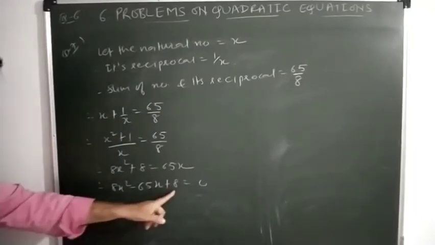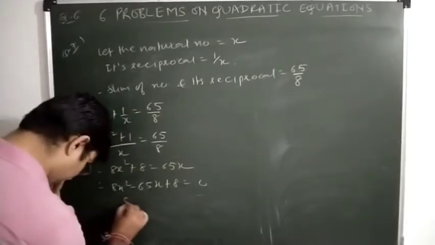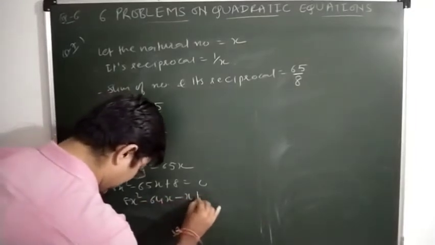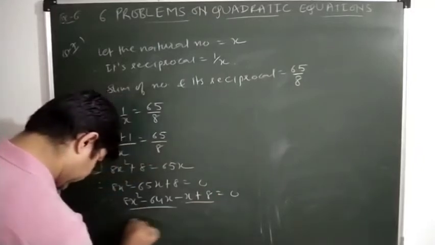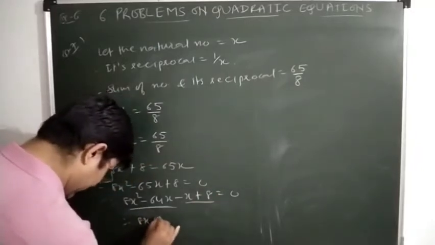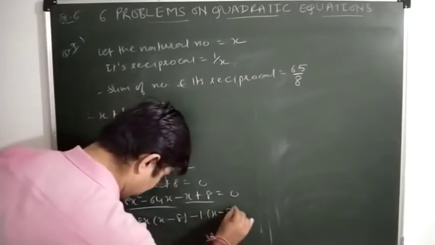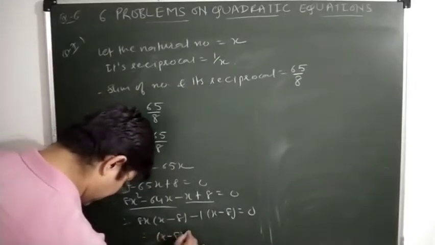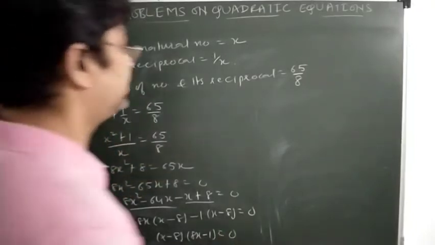8 8s are 64. Two factors of 64 whose sum is 65. So 64 1s are 64, we can write. So 8x square minus 64x minus x plus 8. 8x common, x minus 8, minus 1 common. Therefore x minus 8, 8x minus 1 equal to 0.